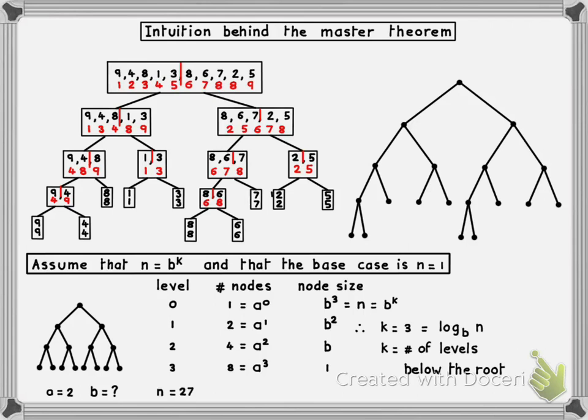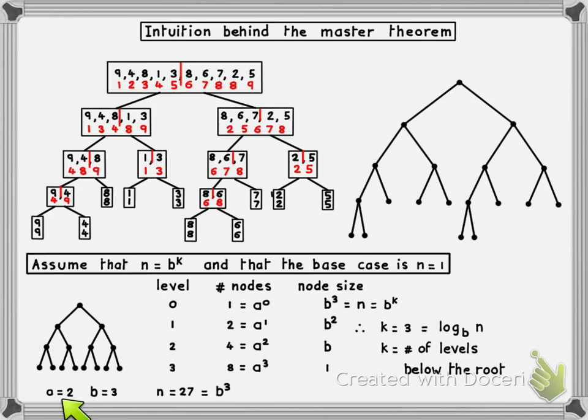Then I can infer that 27 is equal to B cubed, and therefore B must be equal to 3, since 3 cubed is 27.